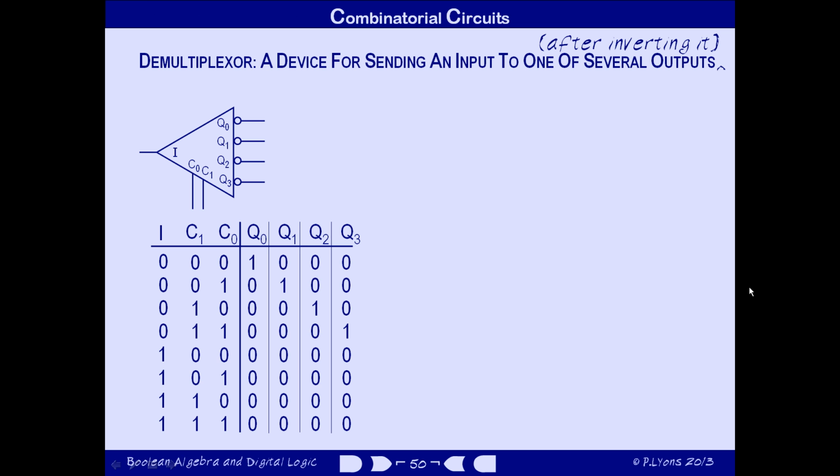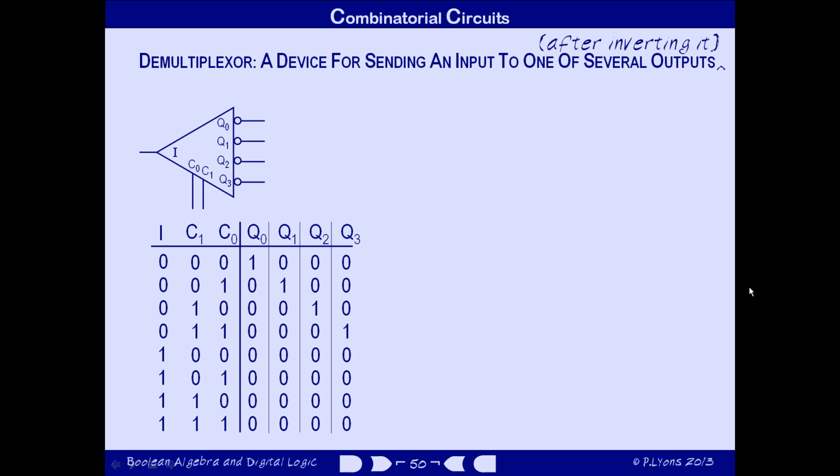So now we write out the truth table. There are 3 single-bit inputs, so there are 8 rows in the table. If the select input is 0, that is, if C1 and C0 are both 0, then we put the inverse of the input on output Q0.